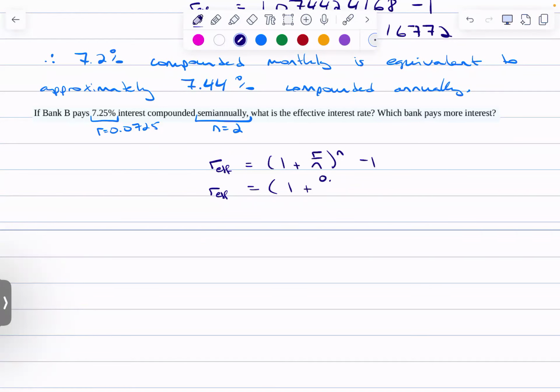One plus 0.0725 divided by 2 to the power of 2, then minus 1.